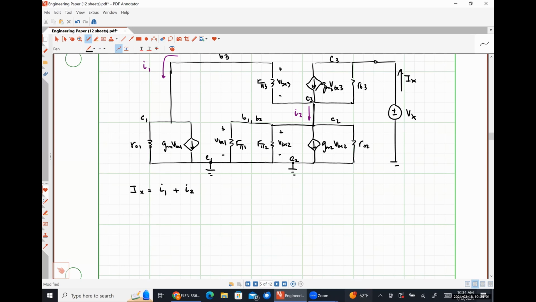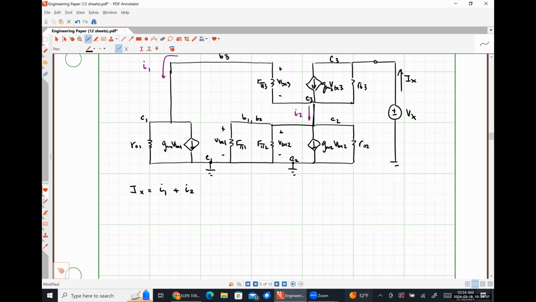So let's look at current I2 here real quick. Okay. So what do you guys think the resistance seen by current I2 is going to be? Do you think that dependent current source is going to contribute anything? I think it does. Right. It's going to contribute a 1 over GM2, right? Because we have a diode connected configuration.